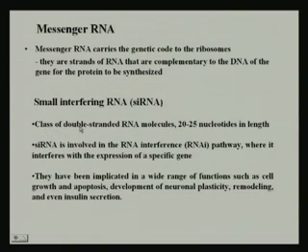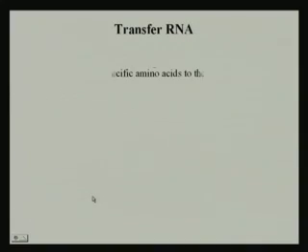They are a class of double stranded RNA molecules, 20 to 25 nucleotide base pairs in length. siRNA is involved in the RNA interference, that is RNAi, pathway, where it interferes with the expression of a specific gene. They have been implicated in a wide range of functions such as cell growth, apoptosis, that is programmed cell death, development of neural plasticity, remodeling, and even insulin secretion.